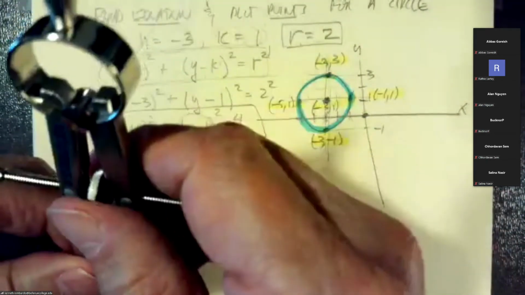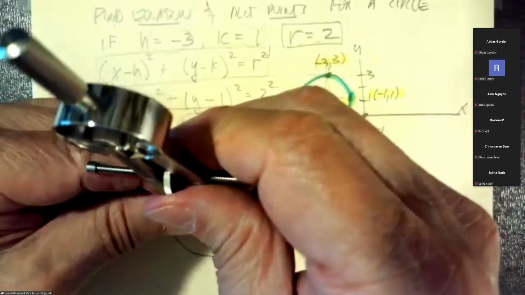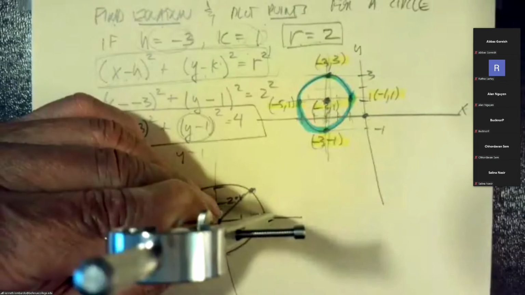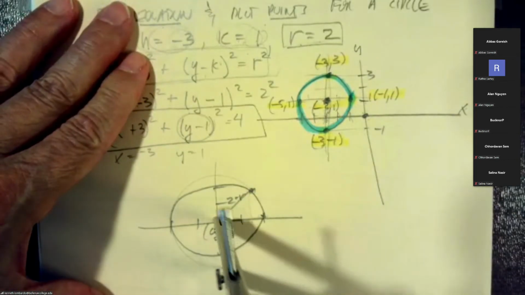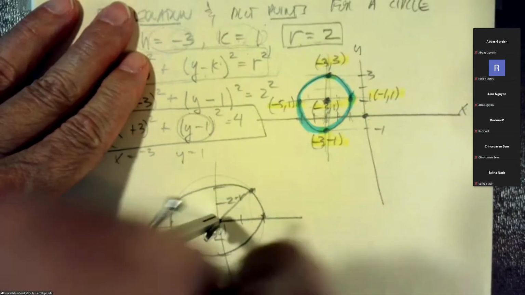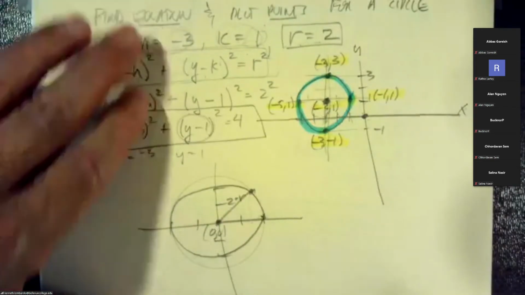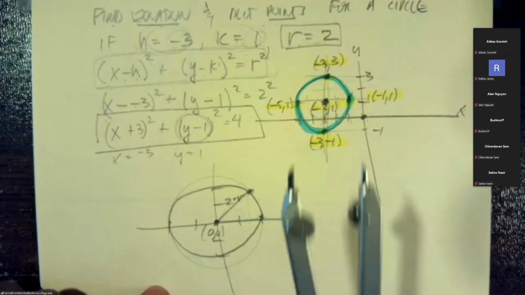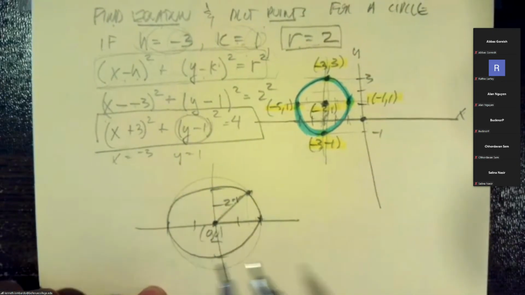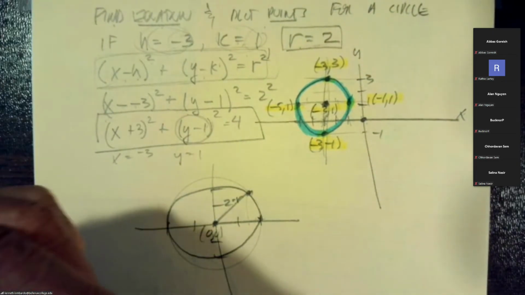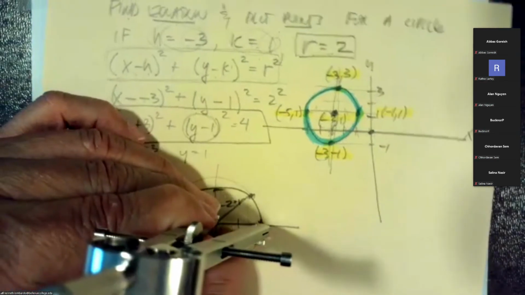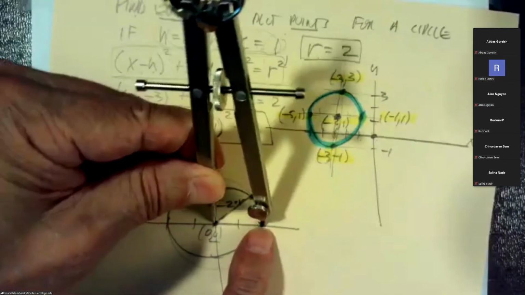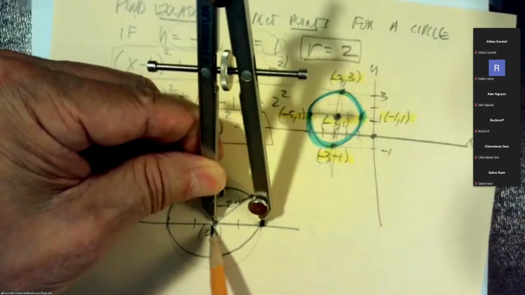And if I say this distance is 2, then I can scribe a circle around here that looks like that, which is a better circle than what I did when I drew it. So this compass will draw a circle of any radius I want, where I'm defining the radius to be the length between this point and my lead point out here.